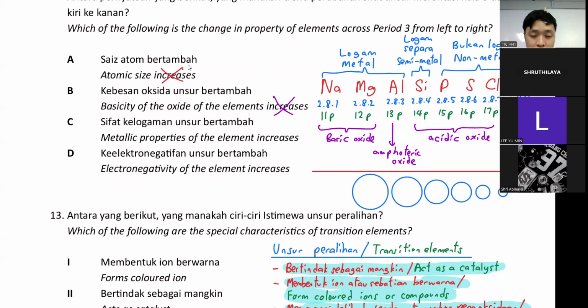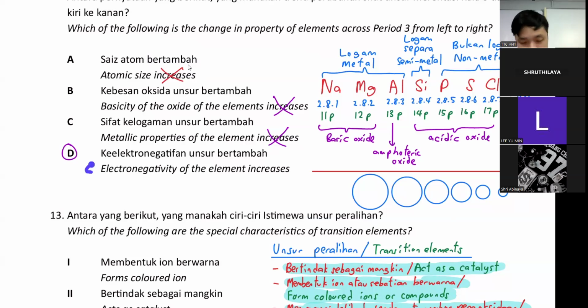C, metallic property increases. Wrong. Okay, from metal become non-metal. So it does not increase. It also decreases. So the answer is donkey. Okay, electronegativity of element increases. Do you know what is electronegativity? Tendency to attract electrons.